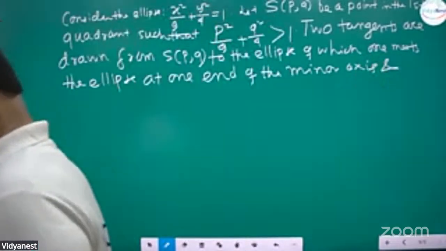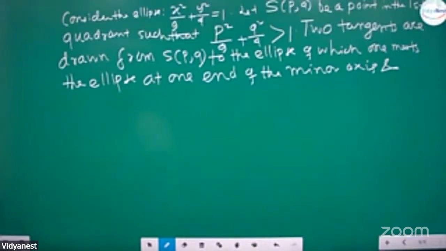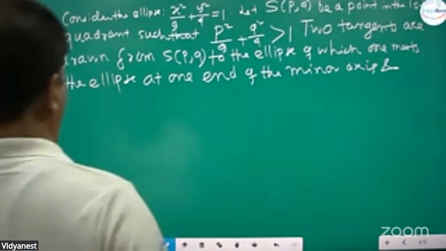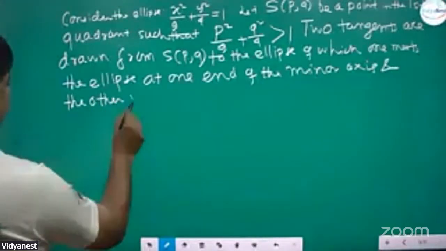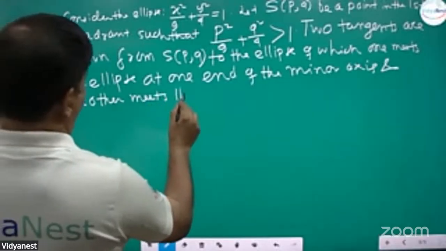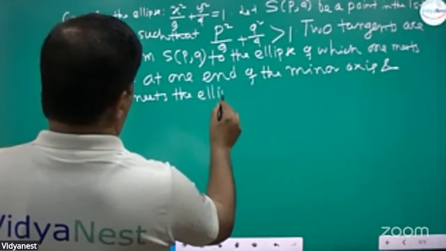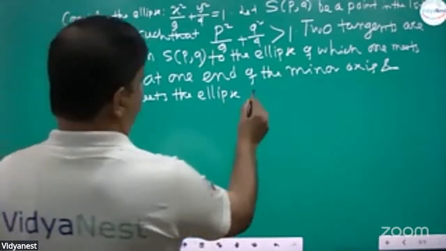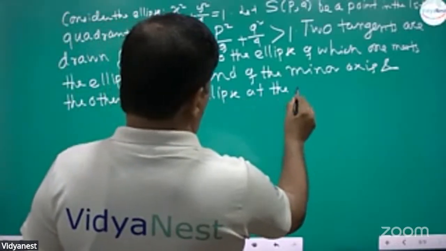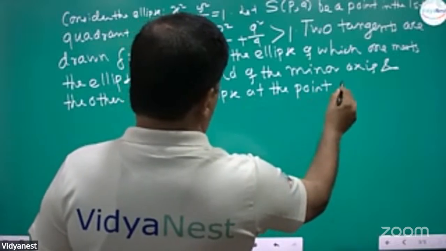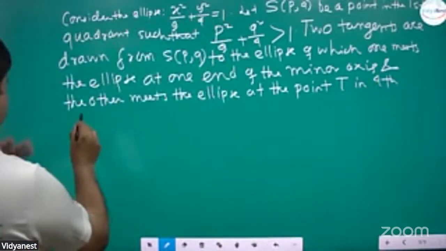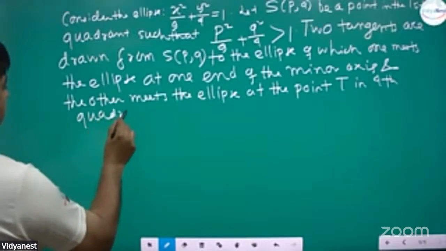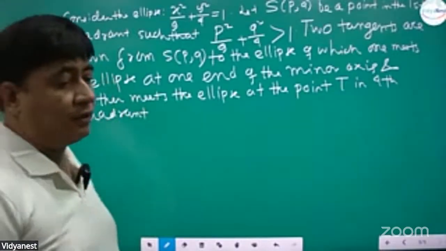And the other meets the ellipse at the point T in the fourth quadrant. Okay, fourth quadrant.